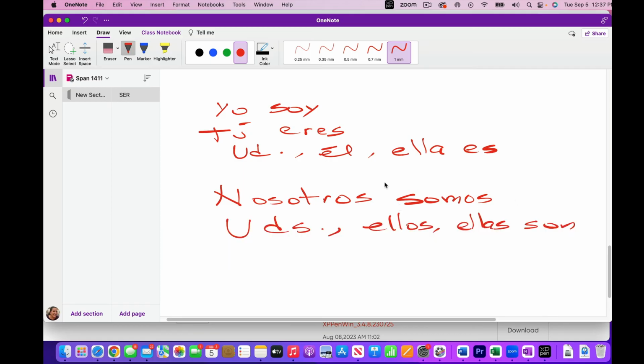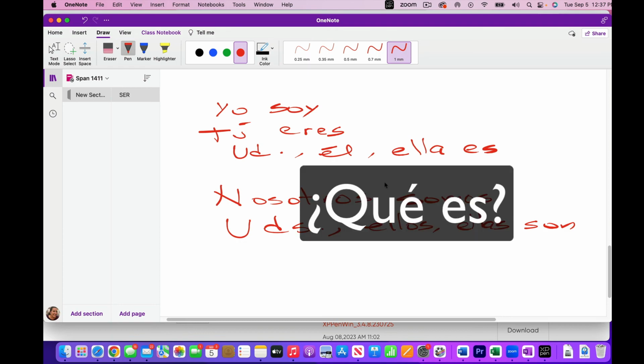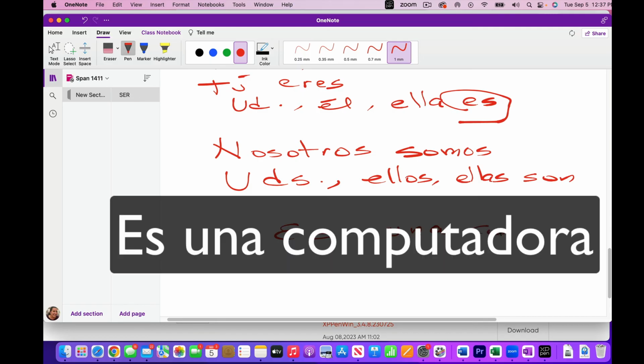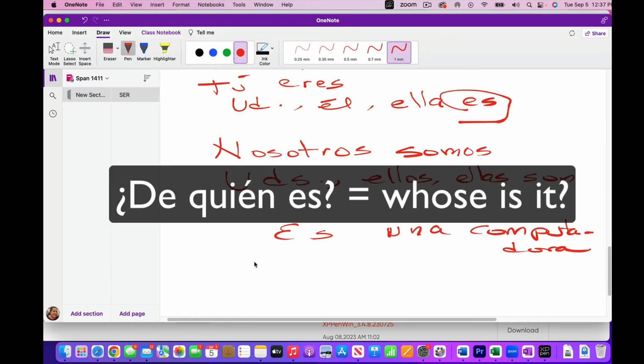Let's assume that I'm asking you what this is. ¿Qué es? And let's assume that I'm pointing to your computer. You would use this one. And you would say, es una computadora. ¿De quién es? So whose is it? And let's say that the computer belongs to the teacher.